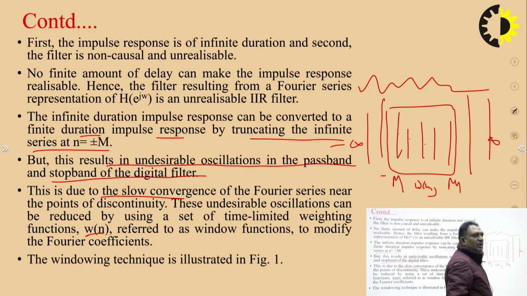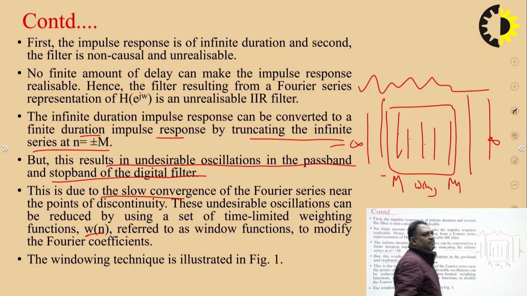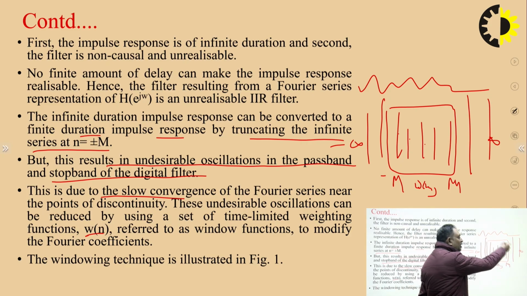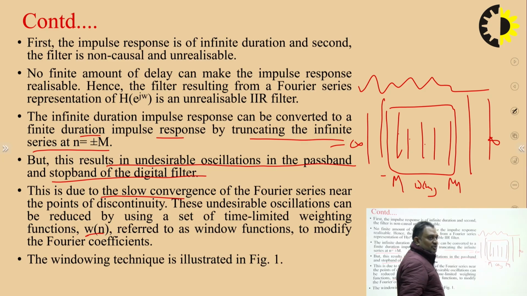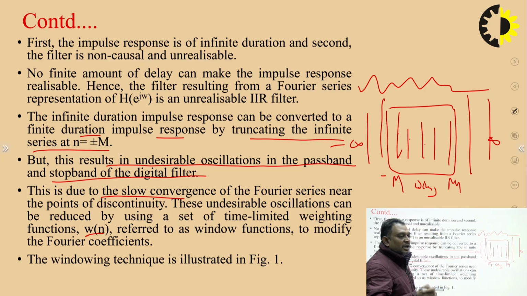It is found that if we do not truncate this infinite duration series using a window function which will abruptly truncate, but rather choose a window function which will truncate this infinite duration impulse response with some gradual truncation, not abrupt, then the gradual truncation leads to a transition bandwidth.